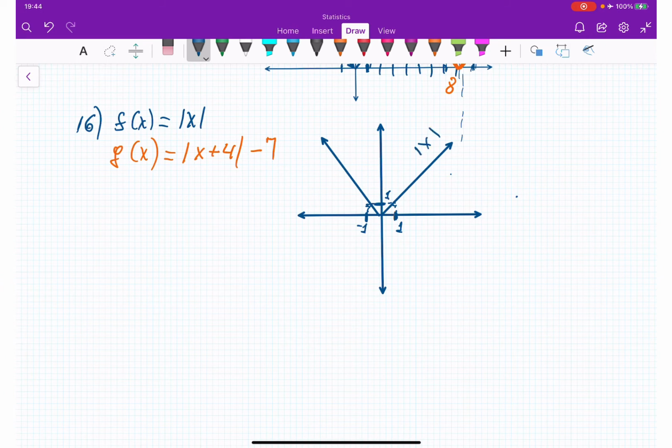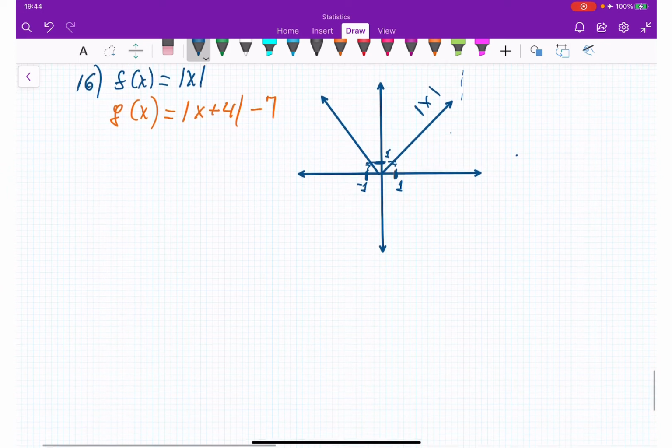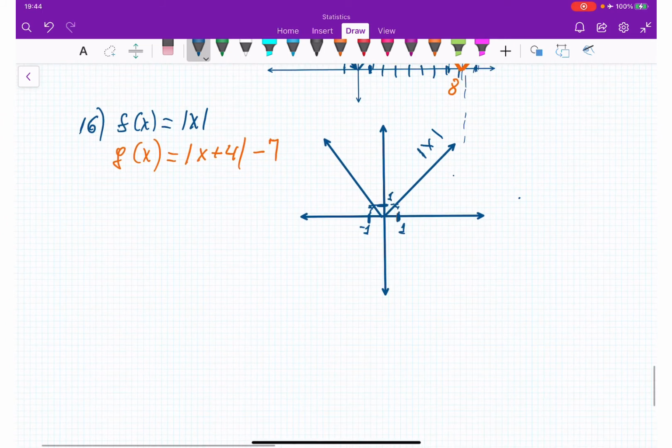Okay. Now I need to build x plus 4 minus 7. Since we already learned it, let's do x plus 4. It's going to go to minus 4, right? 1, 2, 3, 4. Minus 4.